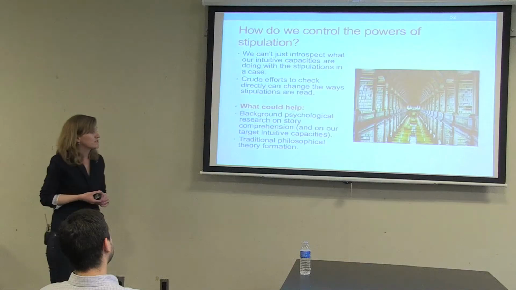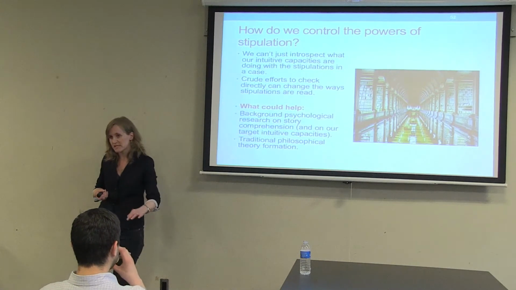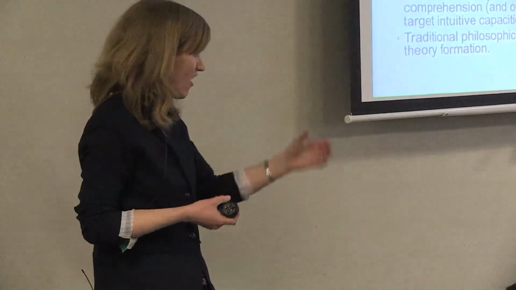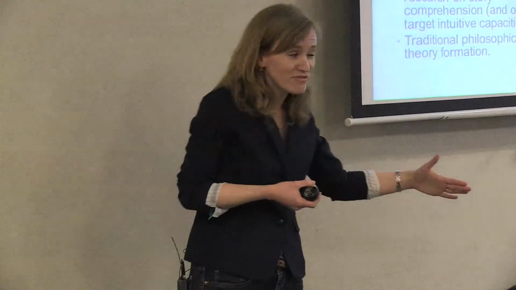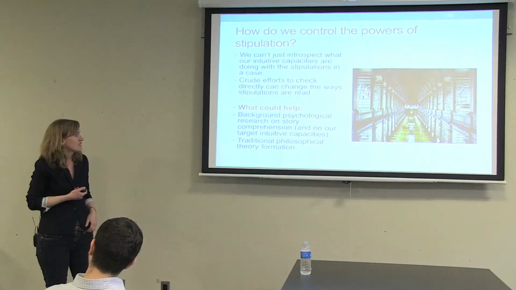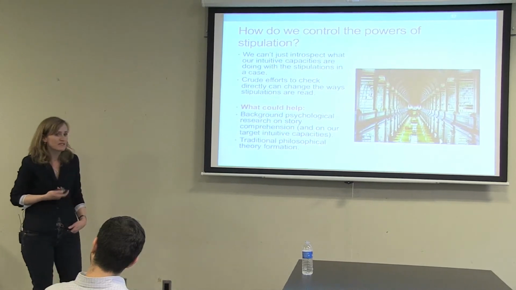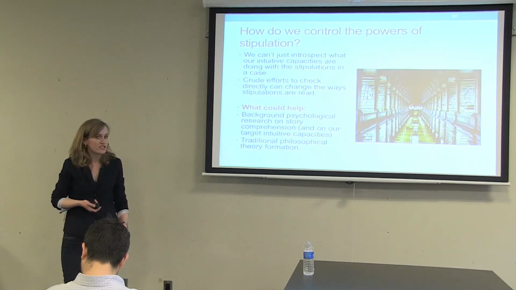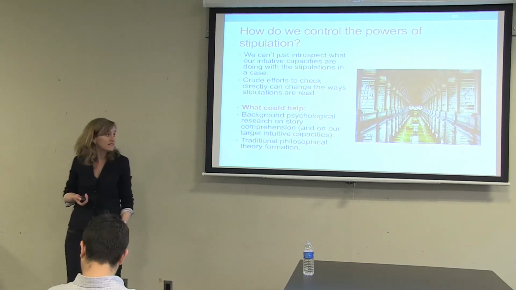You can have some sort of crude efforts to detect what you're inferring from what's being stipulated, but you've got to be careful with that, because those crude efforts to check whether you're inferring this can really backfire. If I ask you, are you inferring this from the case, you can have the sense, well, maybe I shouldn't be. There's various things you can do to try to help yourself out of these problems. I think it's really good to be aware of the background psychological research on story comprehension, discourse representation, and on our target intuitive capacities.